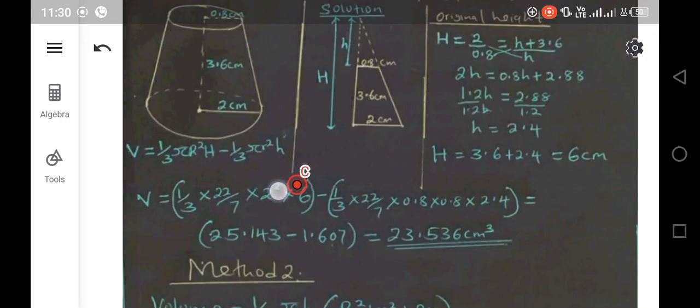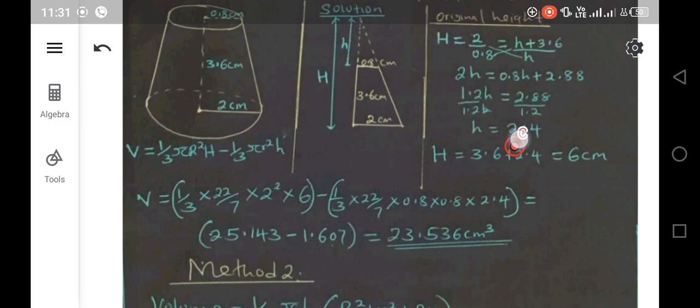Now let's do that question. The volume is a third pi r squared h minus a third pi r squared h. A third pi r squared, we use r as 2 and 6 for the original height, minus a third pi r squared with the small radius, the volume of the small part of the cone which was cut, times the small height which we found here, 2.4.